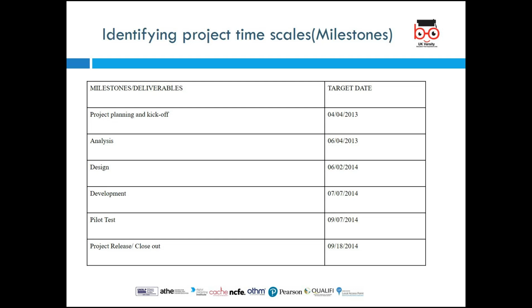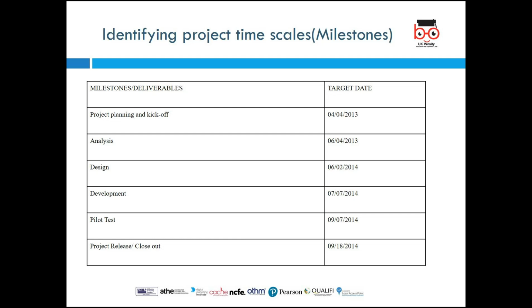Number one, we have project planning and kickoff. Let's say 04/04/2013 is when we want to start it. We want to analyze it, 6/4/2013. And then the design of the project to go into 6/2/2014. We developed the project, 7/7/2014.